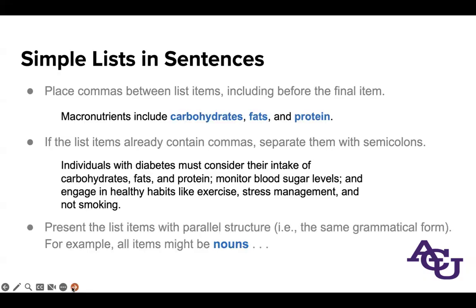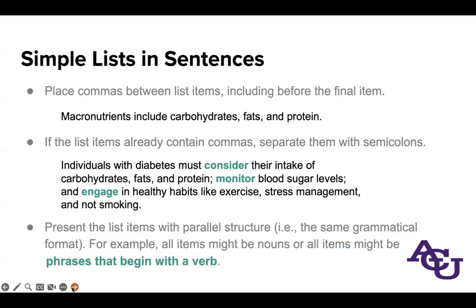One thing we want to make sure that we do when we create a list is to present the items in parallel structure. Parallel structure means that the list items will have the same grammatical form. So, for example, as in that first simple list, all the items might be nouns: carbohydrates, fats, and proteins. They're all nouns. In our second list, these are all phrases that begin with verbs and they have objects.